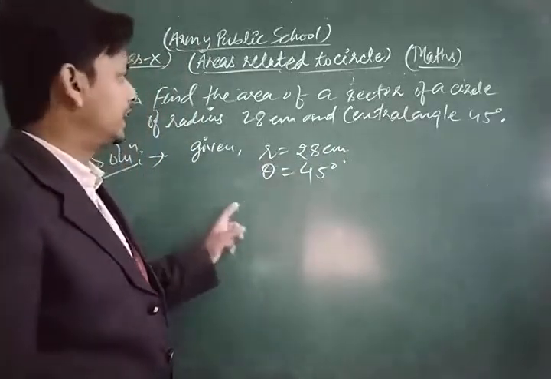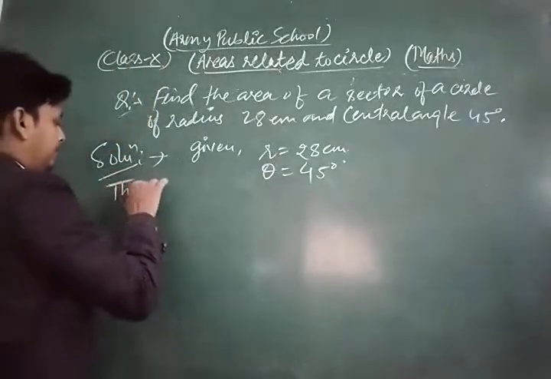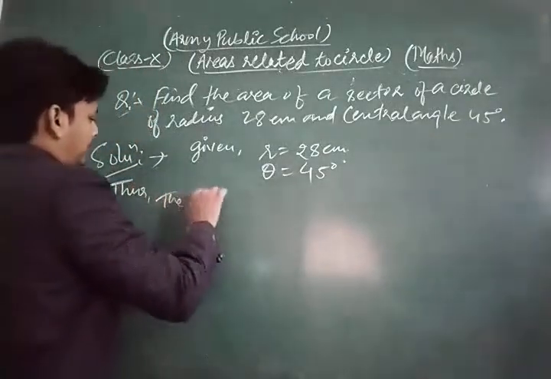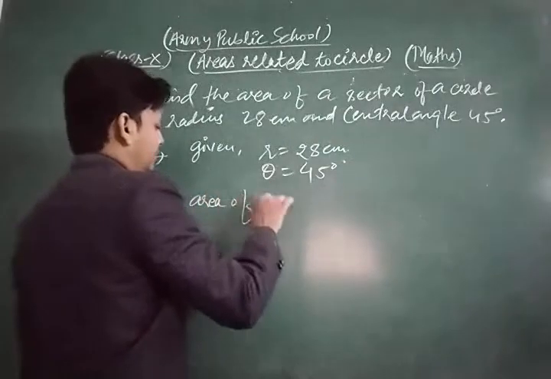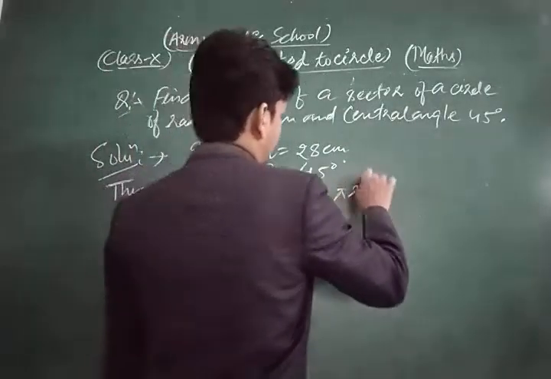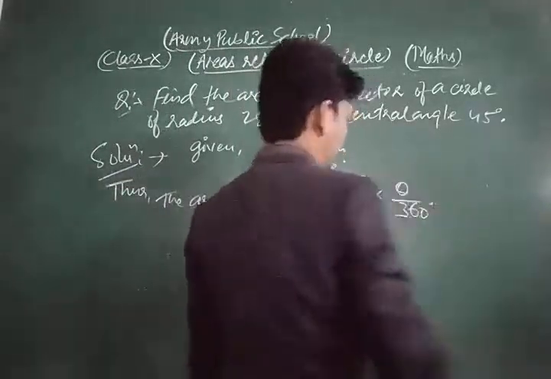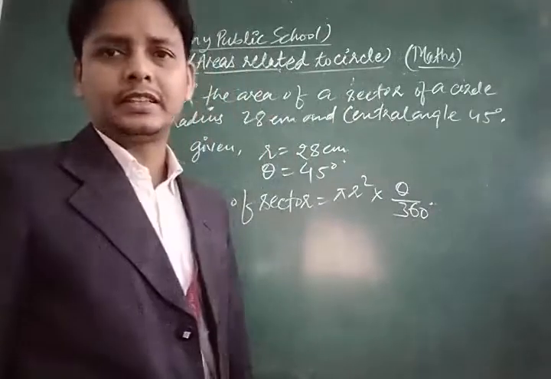We find the area of sector. Thus, the area of sector is equal to pi r square into theta upon 360. This is the formula for area of sector.